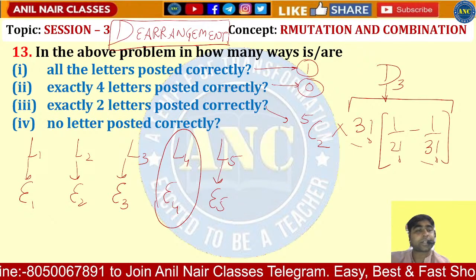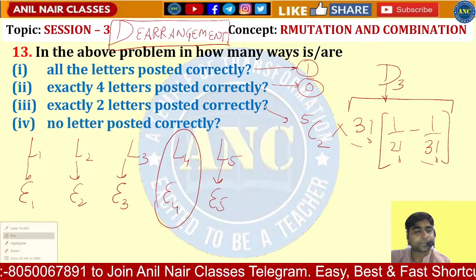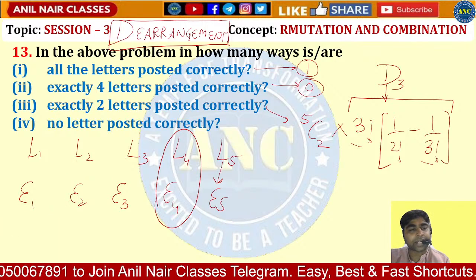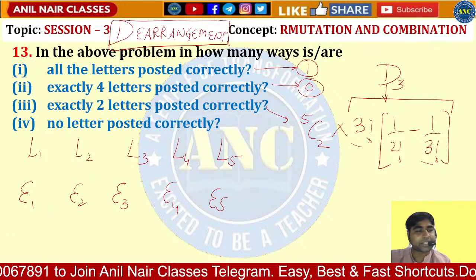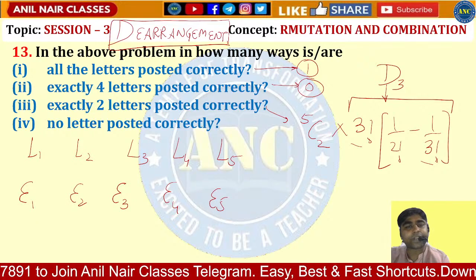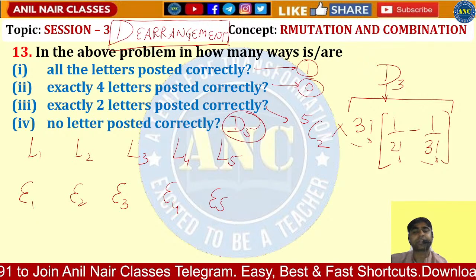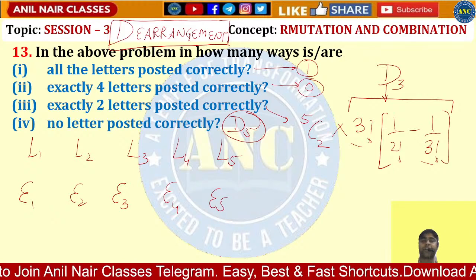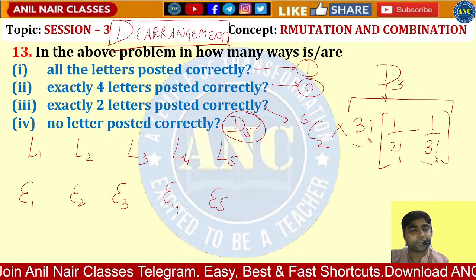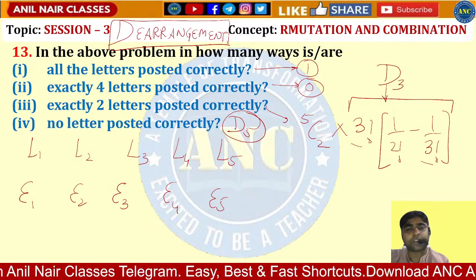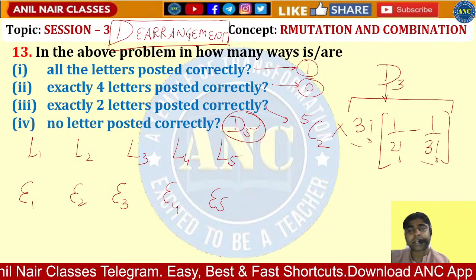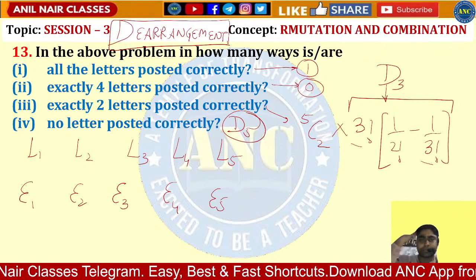In the next, no letters posted correctly. No letter posted correctly, that means I have to use the formula of derangement of 5. What would be the formula of derangement of 5? See, D1 to D5 you should remember.